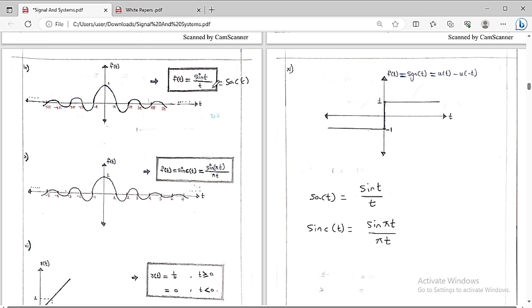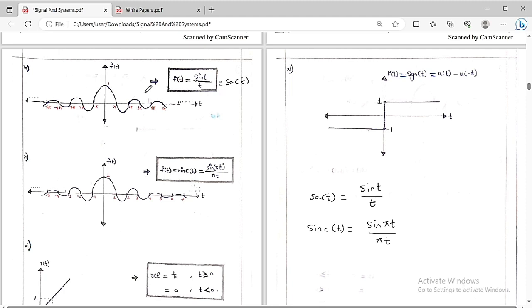As t increases, the sin function only lies from minus 1 to plus 1, but the denominator increases, so the overall value decreases. That is the reason you can see clearly that the magnitude of the function decreases.